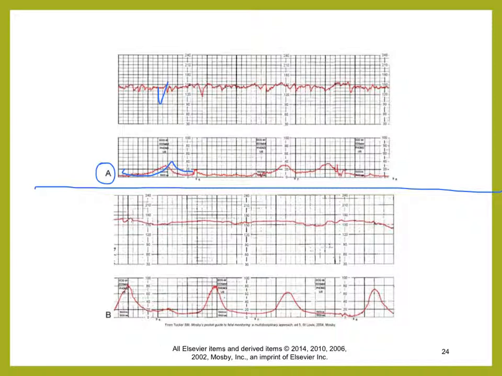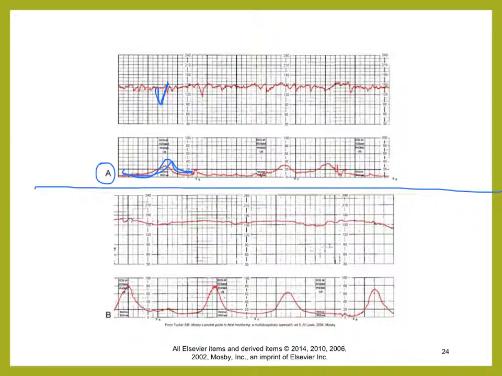Right now, I just want you to know that when you see mom have a contraction and you see a dig in a hole, that's a deceleration, and we don't want to see that, because if we see that, then we have a positive CST. We don't want a positive CST. This is where the terms are opposite in the interpretation of the two tests.